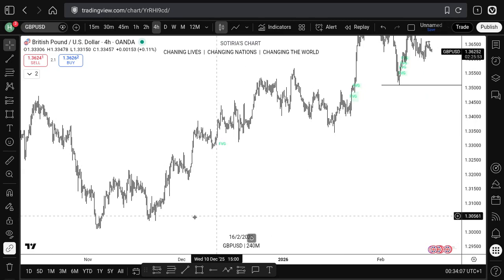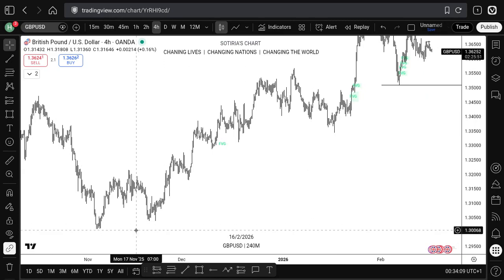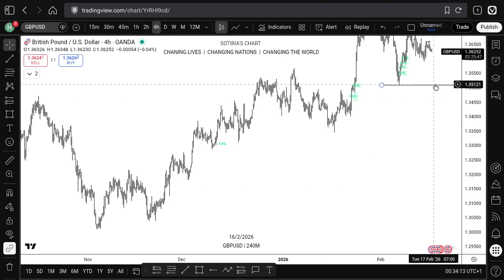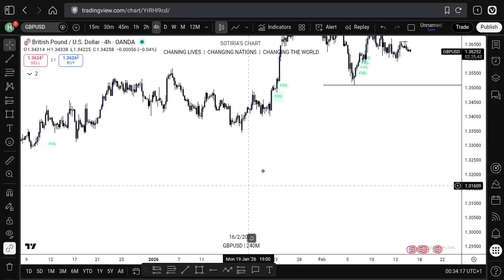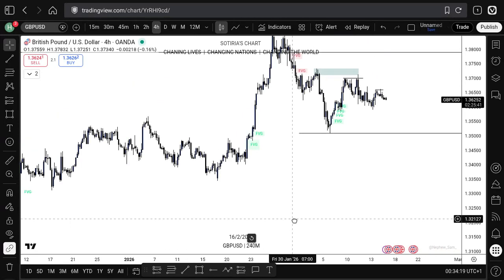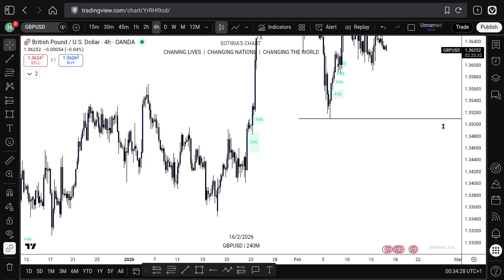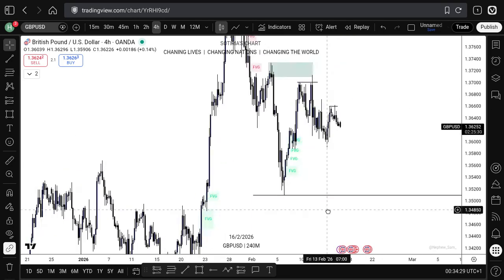I will no longer be holding this trade down to this level. I would close around here and see what price does. Wait for price to give me another daily structure, then I'll decide what I want to do. Then I can sell or buy.